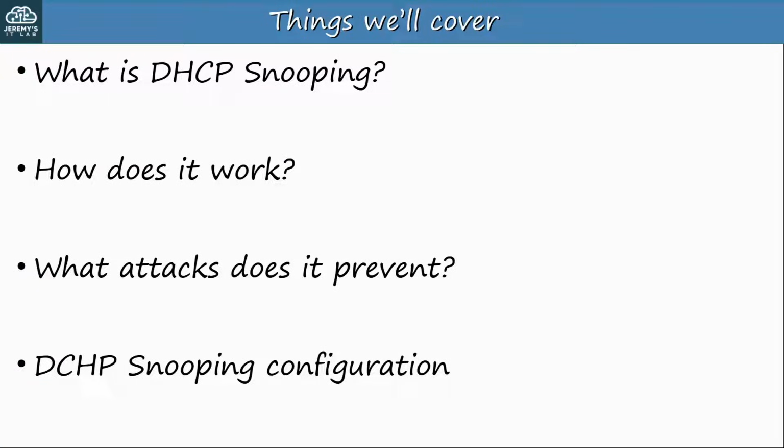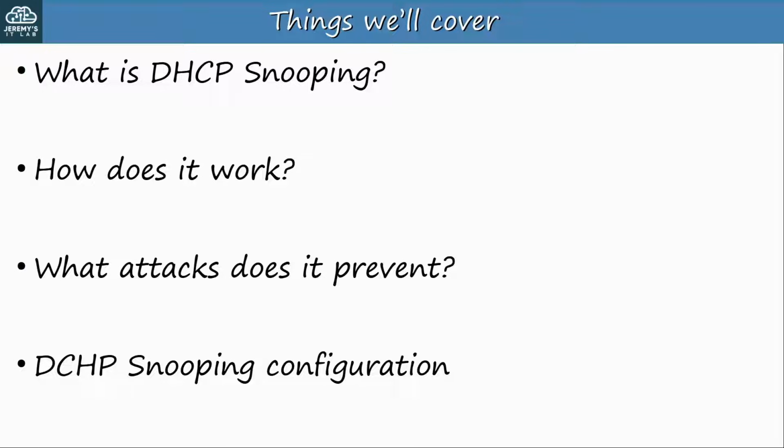Before moving on to the quiz, let's review what we covered in this video. I first introduced what DHCP snooping is. It's a security feature of switches that allows them to filter DHCP messages. It works by inspecting DHCP messages that arrive on untrusted ports and then deciding to discard or forward them. It can also control the rate at which DHCP messages are allowed to enter an interface.